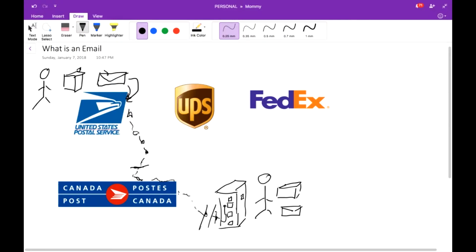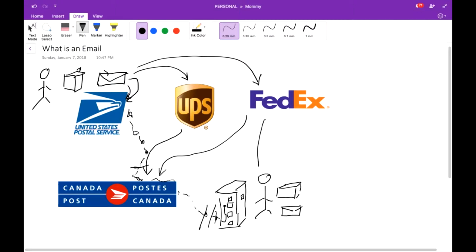Now, it doesn't matter whether you use US Postal Service, UPS, or FedEx. They might, if they want to, route it to Canada Post, or they might most likely just deliver it to you directly because they're a faster, better, more expensive service. Right? So that's how the postal system works.